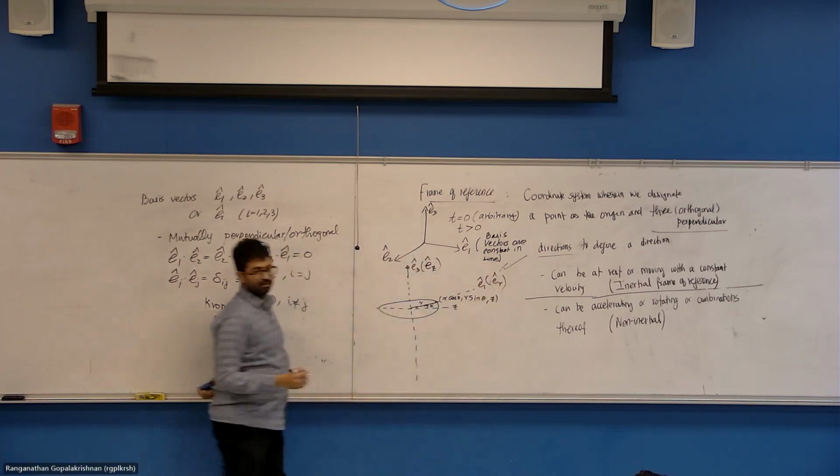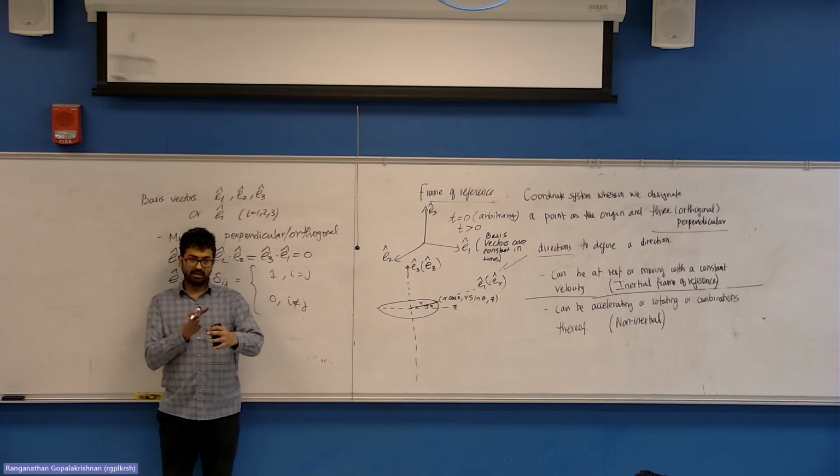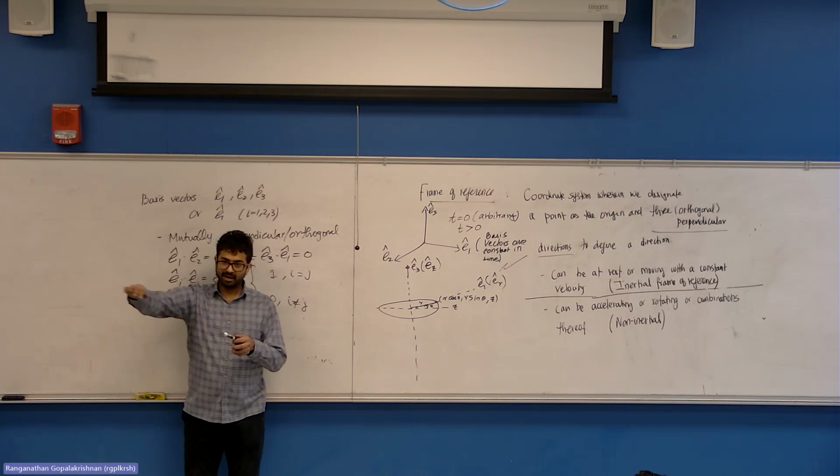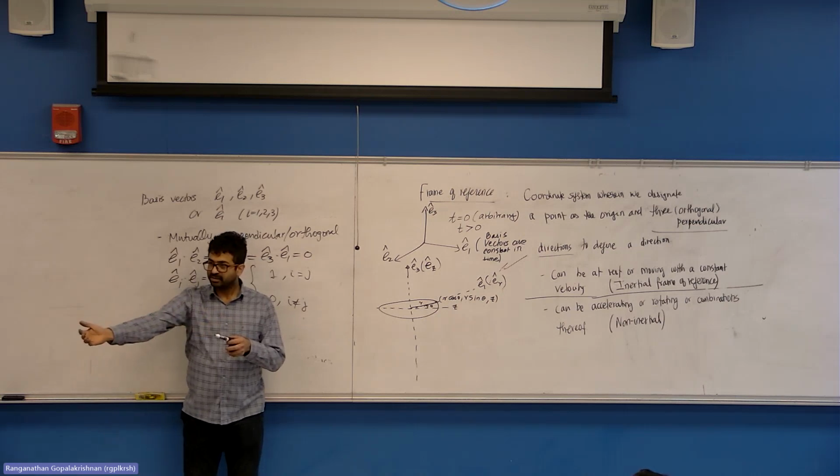If I have a circle, what is the radial direction? Starting at the center, if I draw a line along the radius and infinitely extend it, that becomes the radial direction.